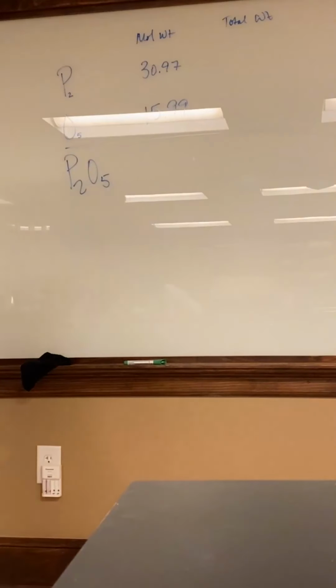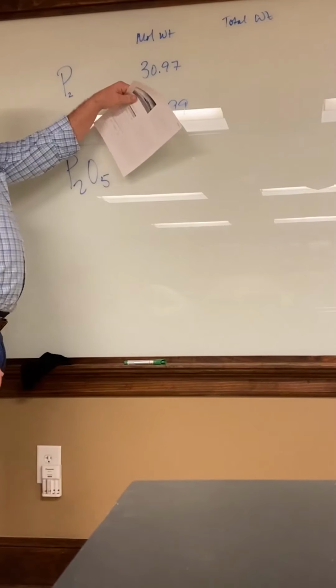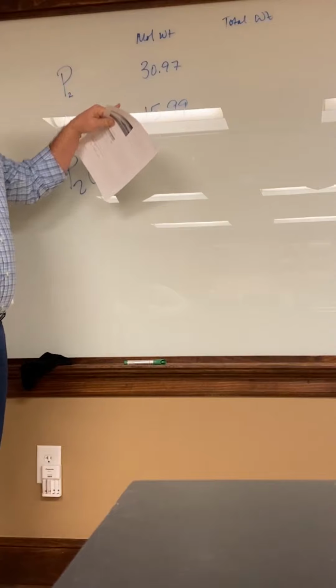Many people might be wondering where you get the elemental composition from. We get that from what percentage of the overall molecule is actual phosphorus or oxygen. The molecular weight of phosphorus is 30.97.